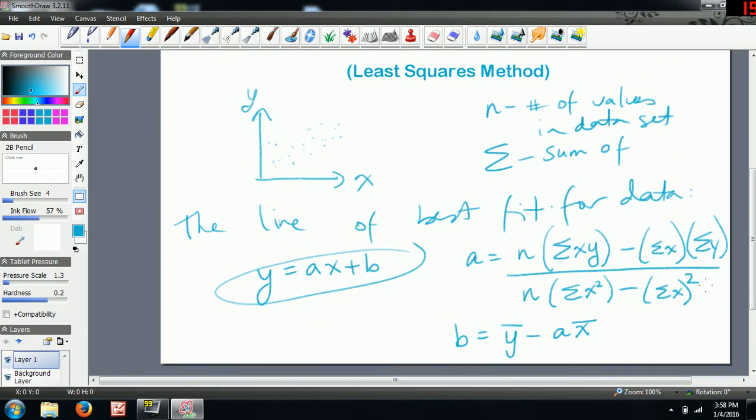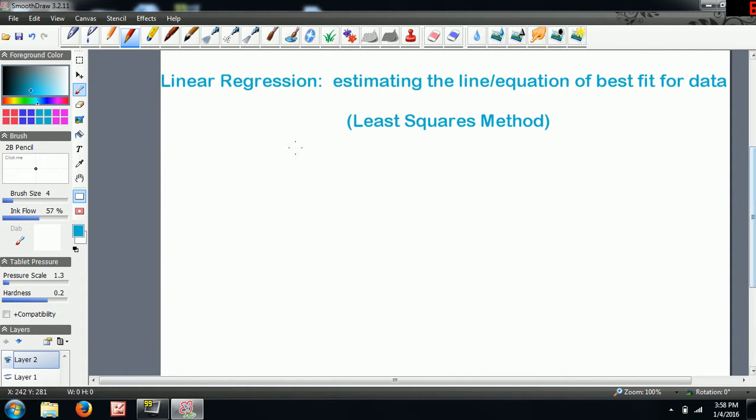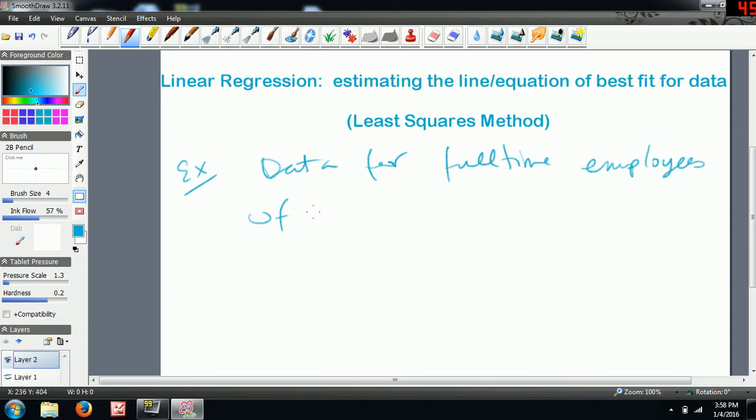So we're going to actually use these to do an example. So say you were given the following data. For example, we have the following table which shows data for full-time employees of a small company.